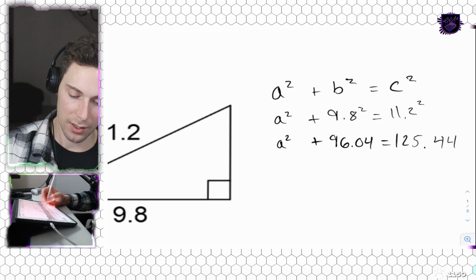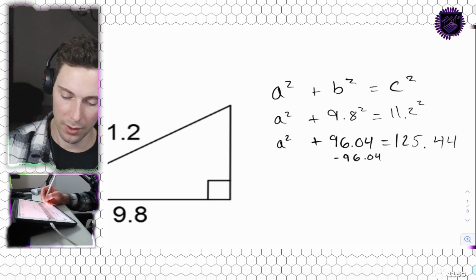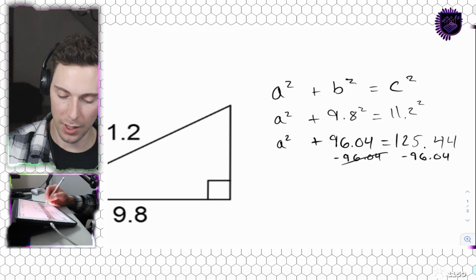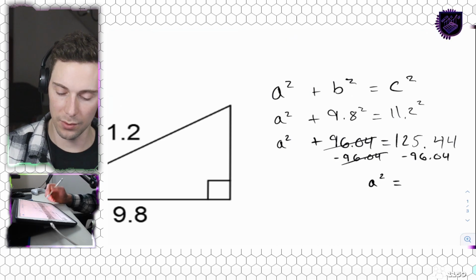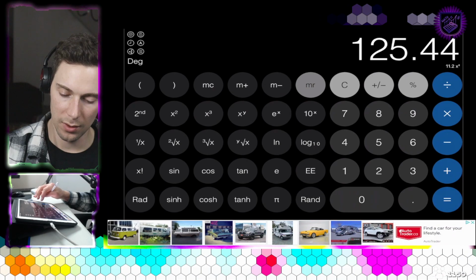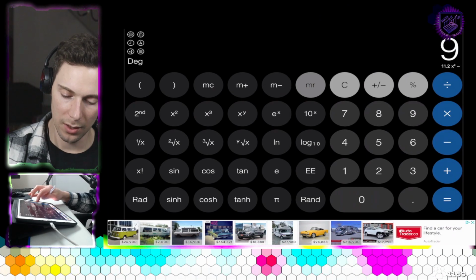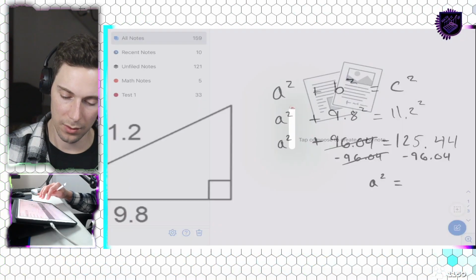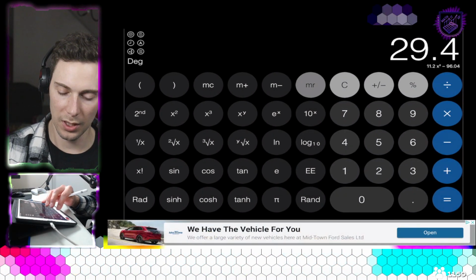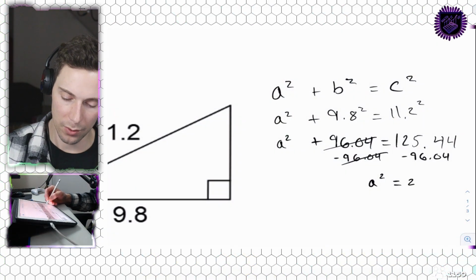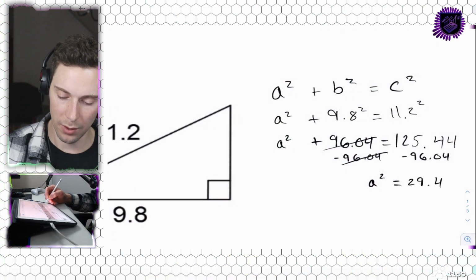So next step, subtract 96.04 from both sides. This is going to isolate that, leaving us with A squared. A squared is equal to 125.44 subtract 96.04 equals 29.4.